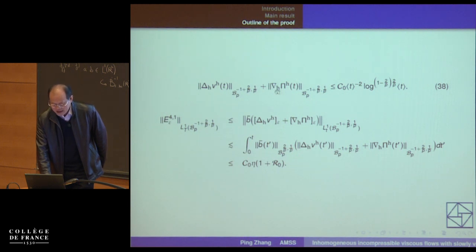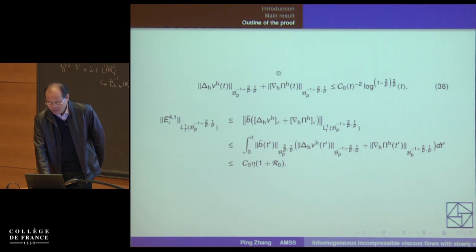By applying this interpolation inequality between Sobolev spaces, we can prove this decay estimate. We can transform the decay estimate of VH gradient pi h to decay like this in the anisotropic Besov space, like t to the power of negative of 2, with this decay estimate.